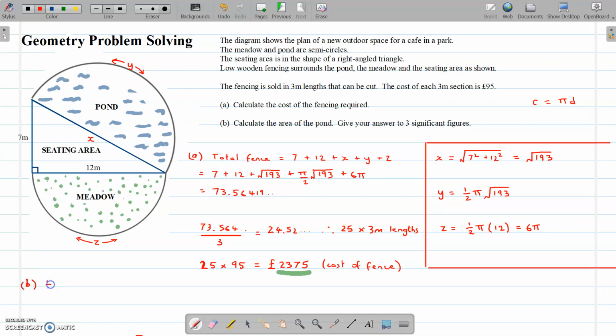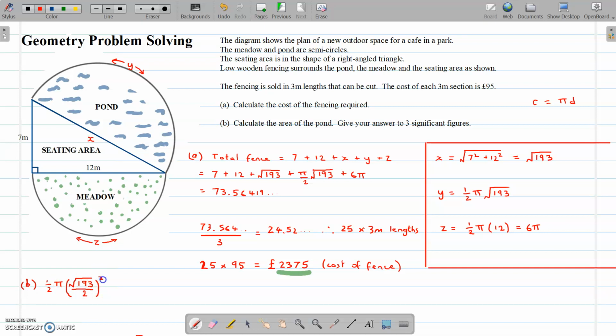Now, the radius of the pond is half of root 193. So it's root 193 over 2, squared.